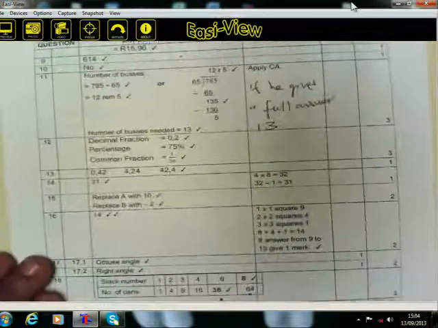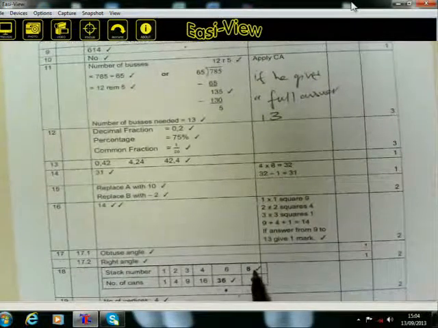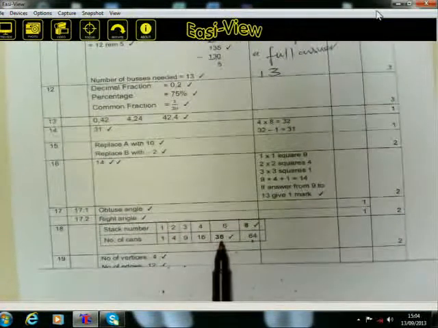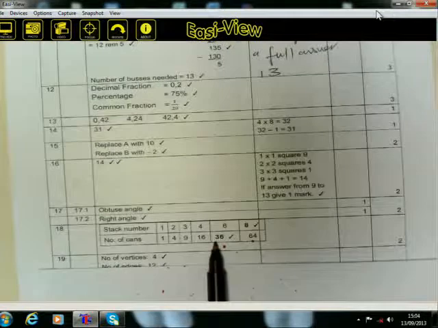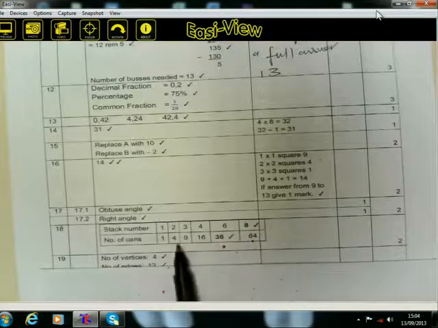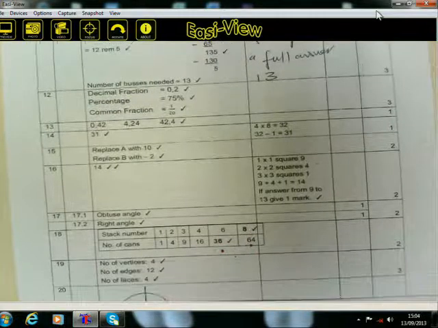So the answers for that 18, here you see it's 8, and then 6, 36. You see 36 there. So Elena cannot write any other number. You must write 36 and 6. You see here the pattern. It's 2 marks.